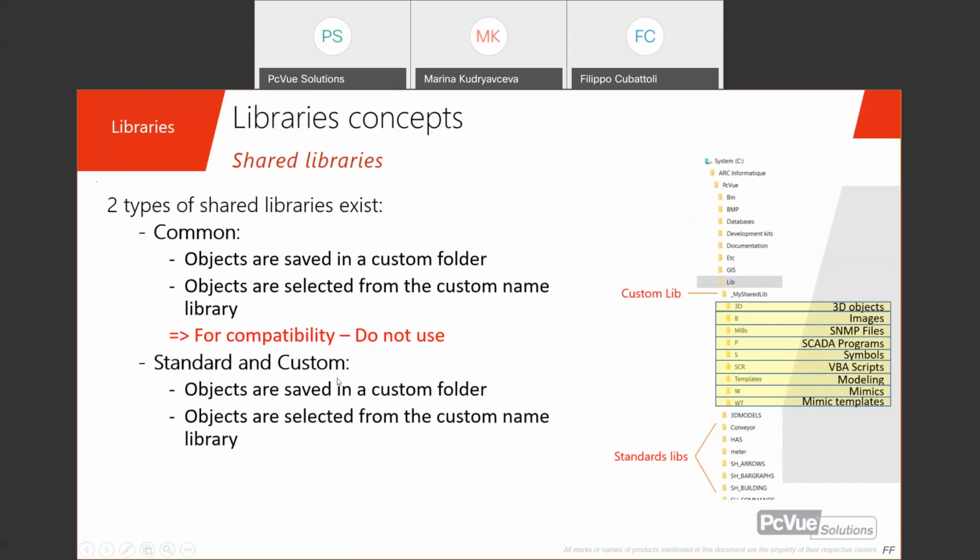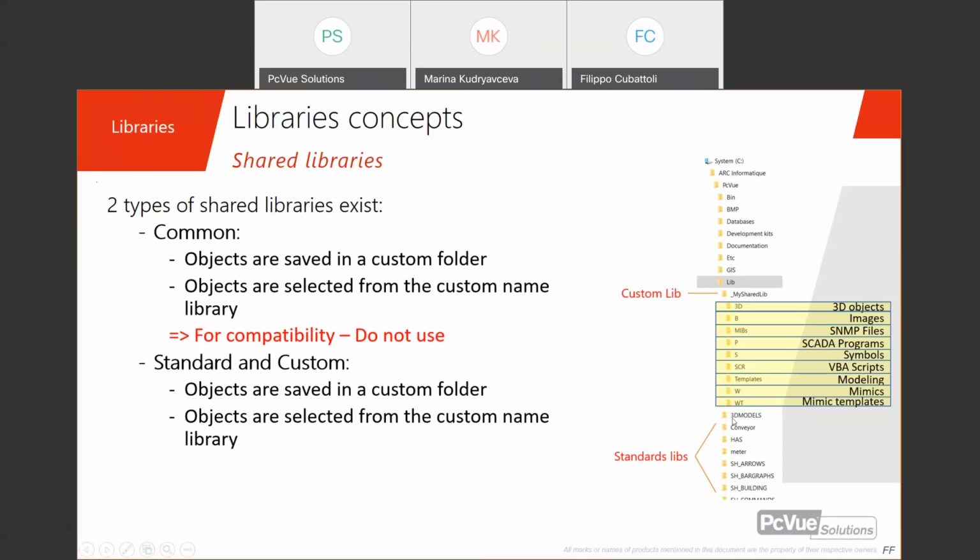standard and custom libraries. The standard shared libraries are basically the libraries coming from PcVue. When you install PcVue with the libraries, you will have a bunch of standard libraries. Those libraries are located in a folder named lib under the PcVue installation.